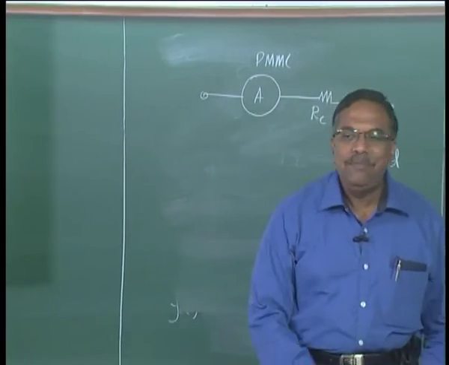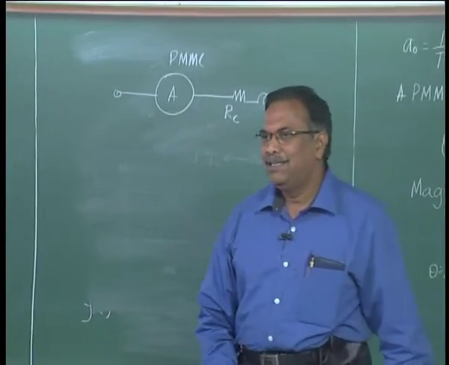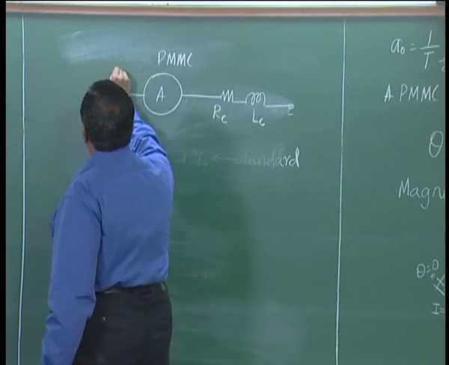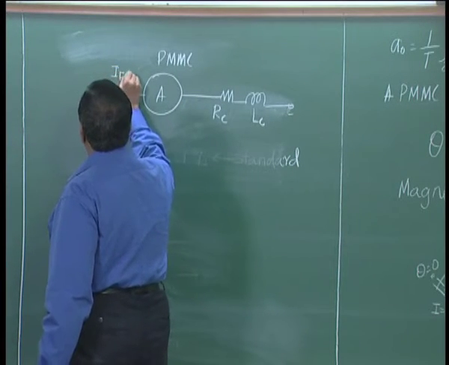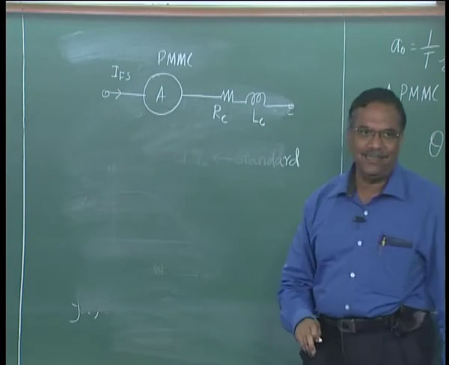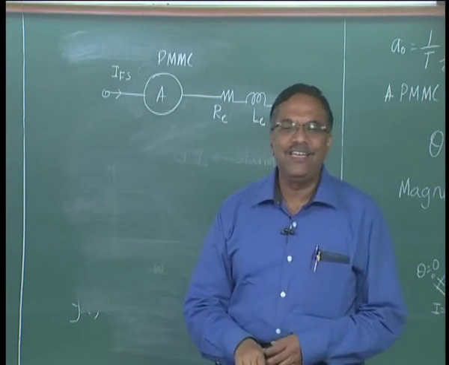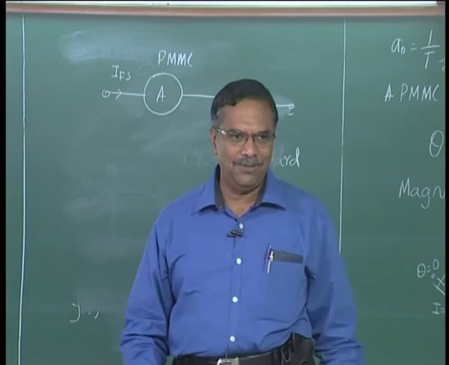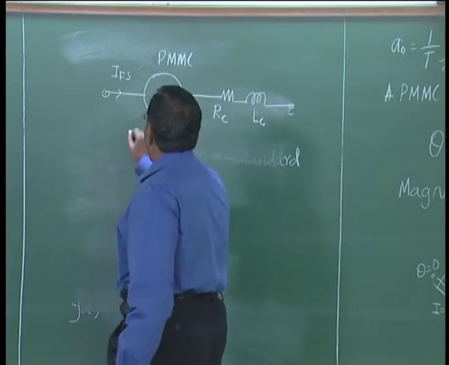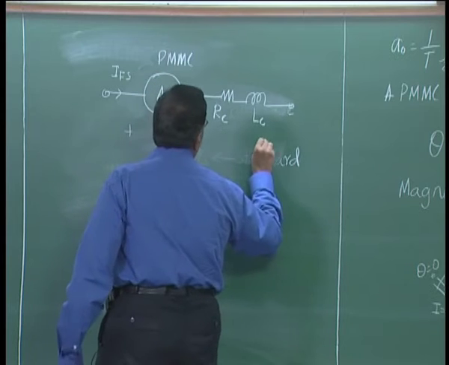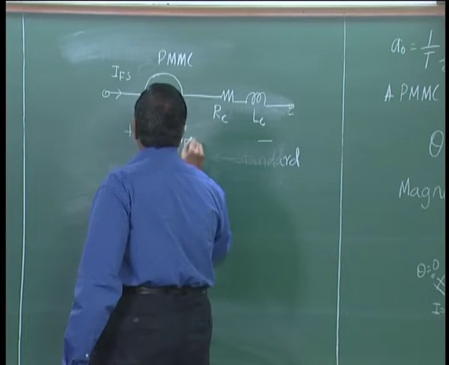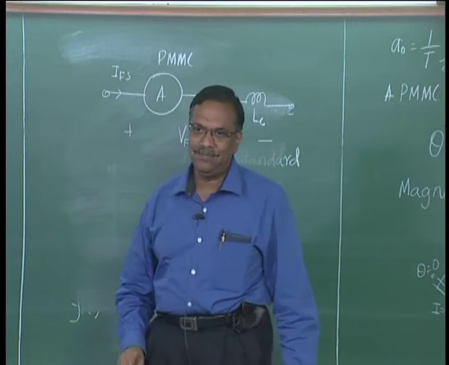So this would be the basic meter, right. So when I send a current, I have the full scale current. Because it is DC, I do not have to worry about inductance, because we know inductance for DC is a short circuit, 0 impedance. So there would be a voltage that would be developed across the meter, we call it as V full scale, right.